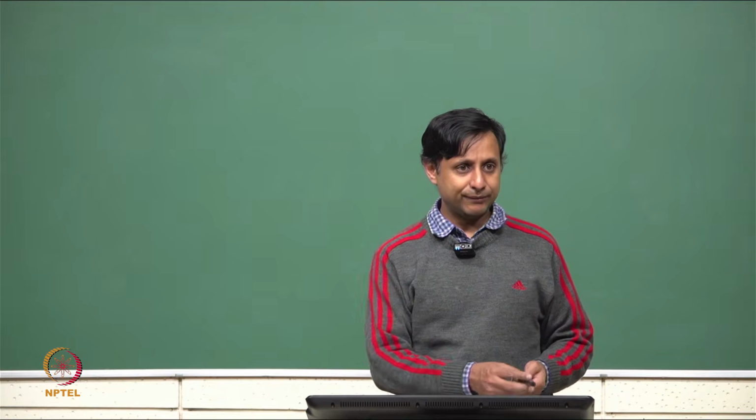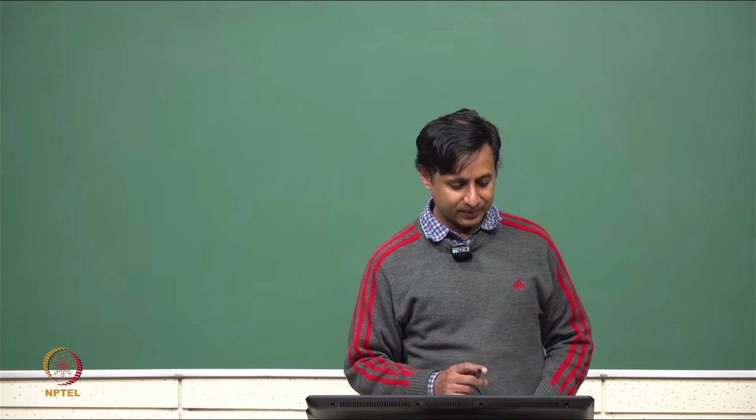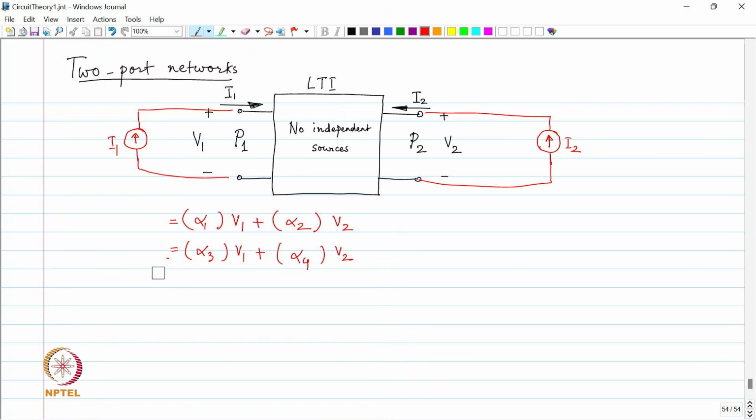So, for example, if I apply I1 and I2, then V1 is going to be something times I1 plus something else times I2, and V2 is going to be something times I1 plus something else times I2. Is this okay?